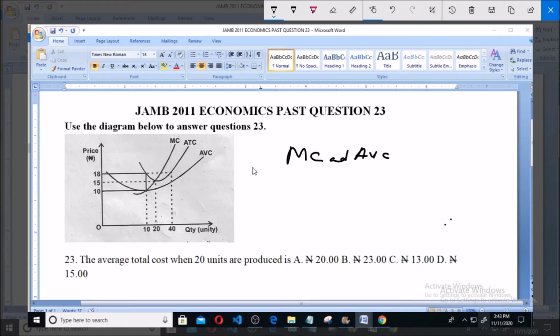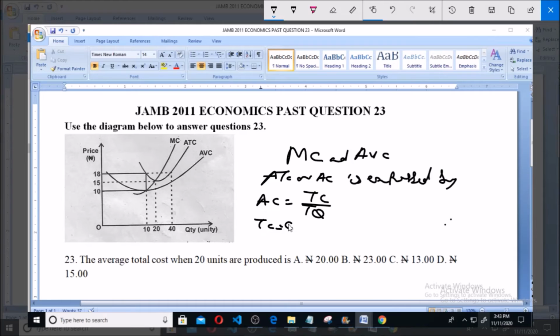The ATC, that is average total cost or average cost, is represented by the formula AC equals TC over TQ, where TC is total cost and TQ is total quantity.